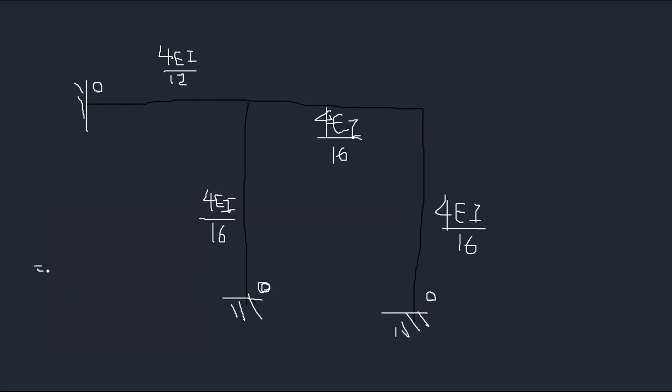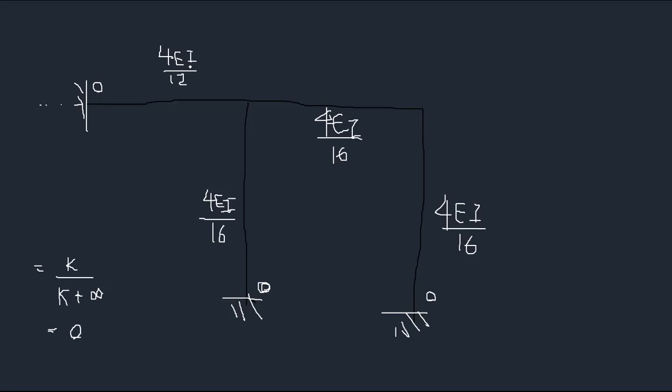According to the distribution factor, that's going to be K of this member, plus there will be some member inside this portion that is going to be infinitely stiff, right? Because of the fixed support, something divided by infinity is 0, right?